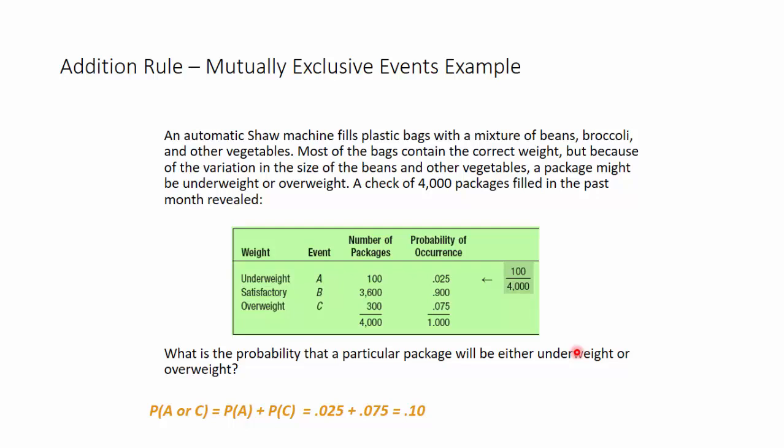Another example for us to understand mutually exclusive events with the same package industry. What's the probability that you get a package which is underweight or overweight? Now here the events are mutually exclusive because a package can fall in any one of these 3 categories. Hence P of A or C equals P of A plus P of C. That's 0.025 plus 0.075 equals 0.1.